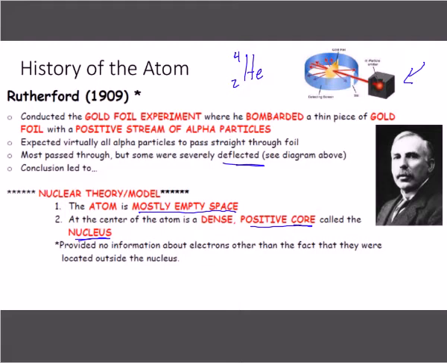Okay, so now we've gone from a giant sphere that's indestructible to, oh, there's negative particles in there, so there are some smaller parts to it. Now, it's mostly empty space with some negatives around it, floating, and you've got a small, dense nucleus that's positive. How he knew it was positive was because these alpha particles that he was shooting, he knew that those were positive.